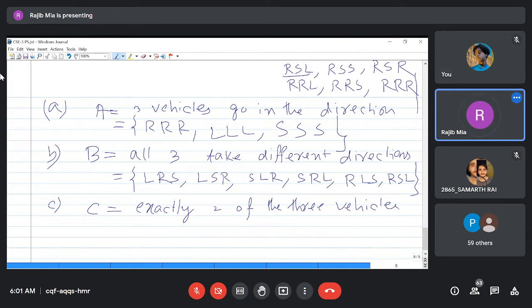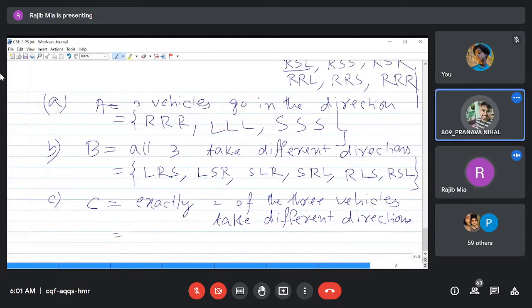Three vehicles take different directions. Sir, 18 will.